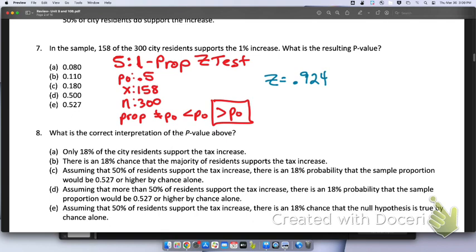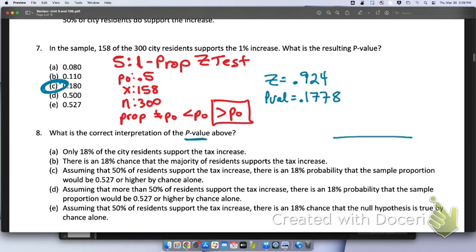That means that our sample was almost 1 standard deviation above, because it's positive, what the claim value is of 50%. The P value is 0.1778, and that corresponds to C. And what does that p-value actually mean?